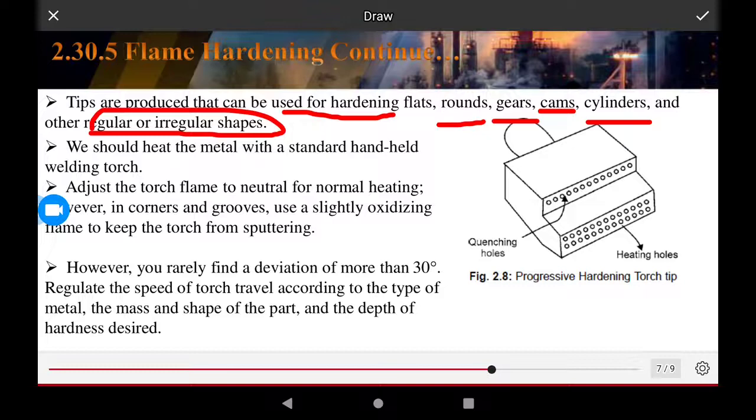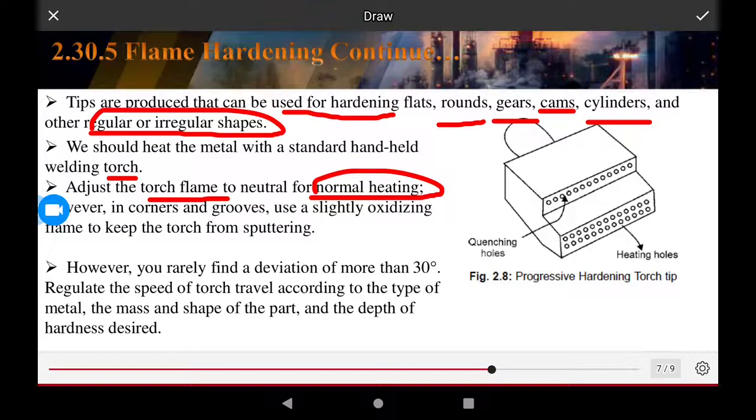The metal is heated with a standard handheld welding torch, with the torch flame adjusted to natural and normal heating.